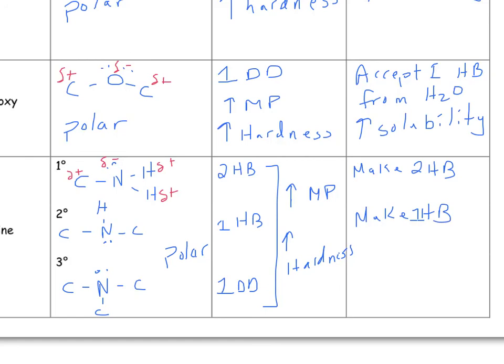And if you have a tertiary amine, it can accept one hydrogen bond from water. This is because there are no hydrogens attached to the molecule. The water will supply the H directly attached to the O, and the nitrogen supplies the lone pair to complete the hydrogen bond. All of these intermolecular forces increase the solubility of the compound.